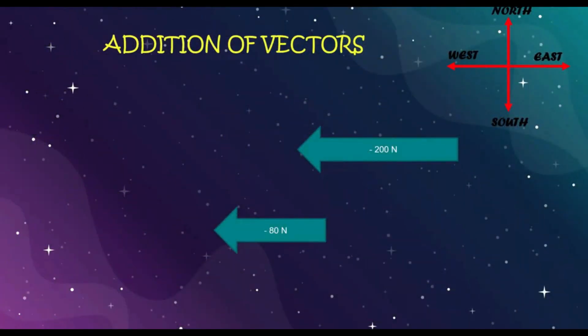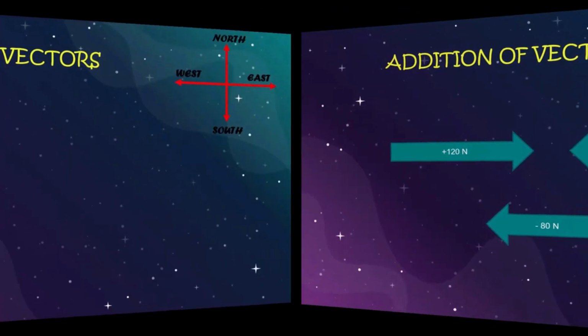Similarly, if two vectors are moving in opposite direction to each other and one is positive, another one is negative, then the resultant will be 120 minus 200, that is minus 80 newtons. The higher force is going towards west, so resultant vector will also move towards west direction.